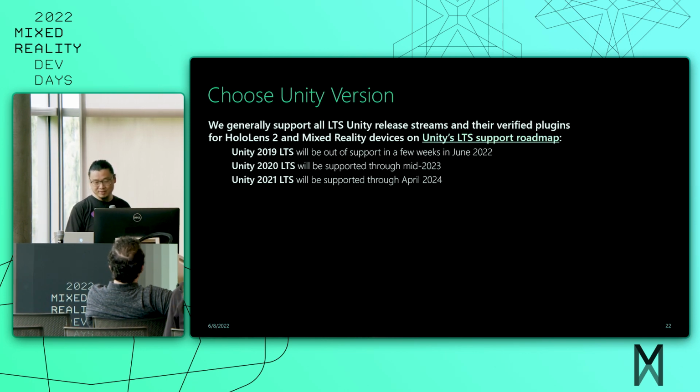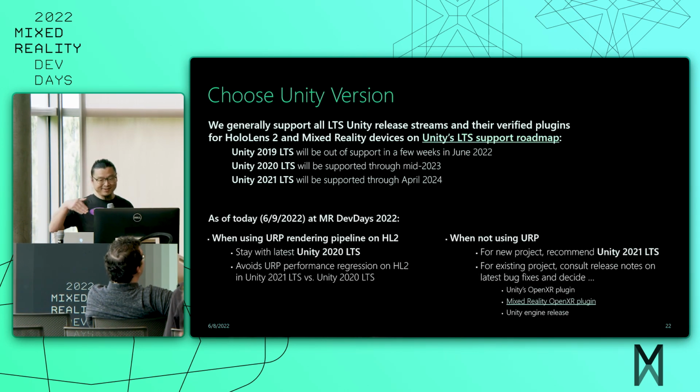For example, as of today, on this talk at MR Dev Days, there is a blocking bug about the URP performance regression in Unity 2021. If you are using the URP rendering pipeline, we would recommend you stay with Unity 2020 for now until the issue is fixed.